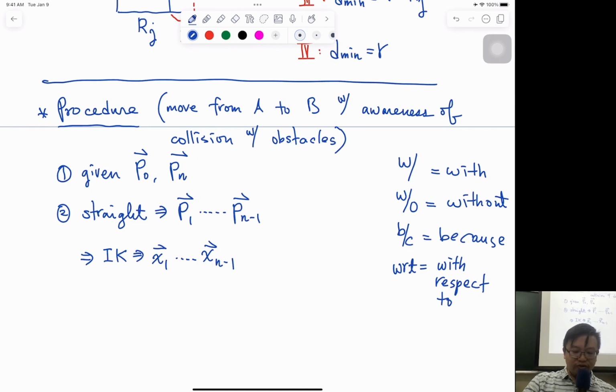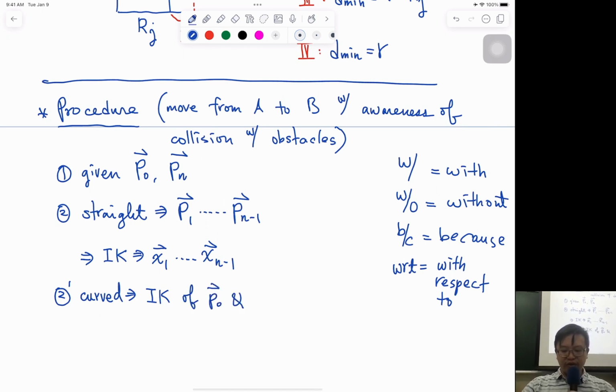If you are not moving straight, so I use a two-prong. If you are just having a curved trajectory, then you can directly do inverse kinematics of P0 and Pn. So you will get x0 and xn, right?